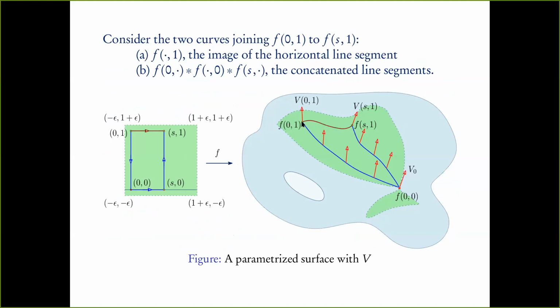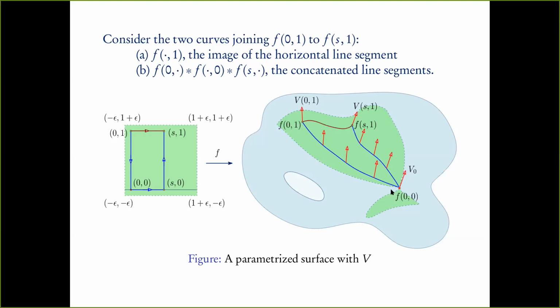But because of the independence of the path, if I parallel transport V01 along the red curve, that is equivalent to parallel transporting V01 along the blue curve, down and then up. If I parallel transport V01 down by the blue curve, I get V0. And when I parallel transport V0 back up, I get V(s,1), because that is how I defined my V. So parallel transporting V01 along this dark red curve gives exactly V(s,1).